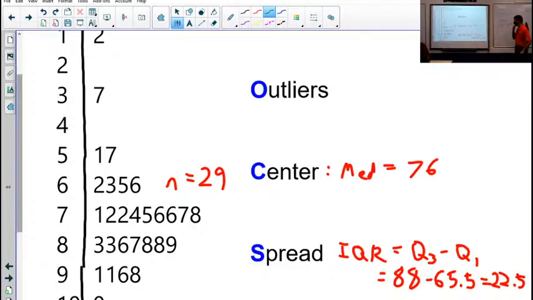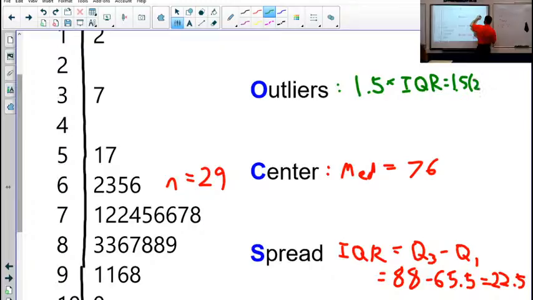Outliers, well, we need to do 1.5 times IQR. Times 22.5, which equals 33.75.